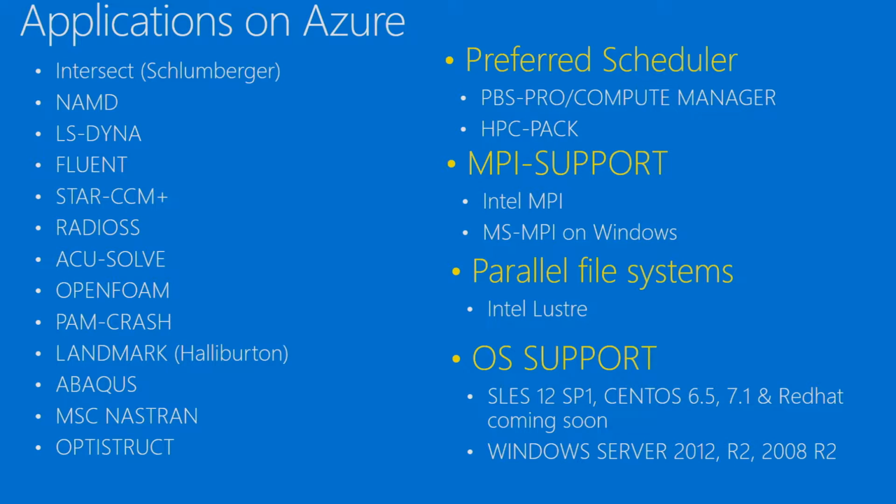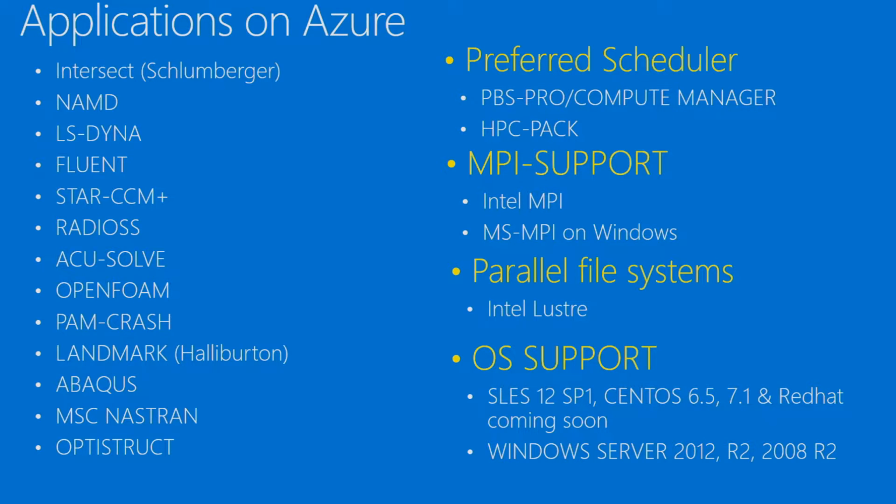LS-DYNA, PAM-CRASH, and Radioss are crash simulation applications. OpenFOAM, Fluent, and STAR-CCM+ are computational fluid dynamics applications. Landmark and Intersect are oil and gas exploration apps. And OptiStruct and MSC Nastran are used for noise, vibration, harshness, typically used in aerospace or automotive.